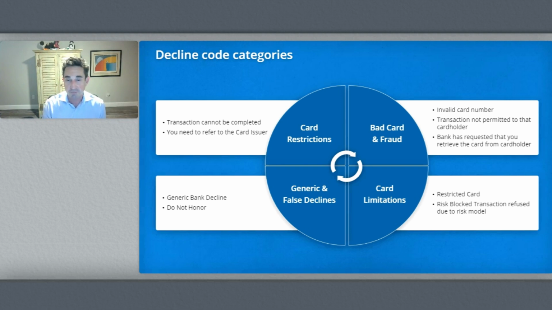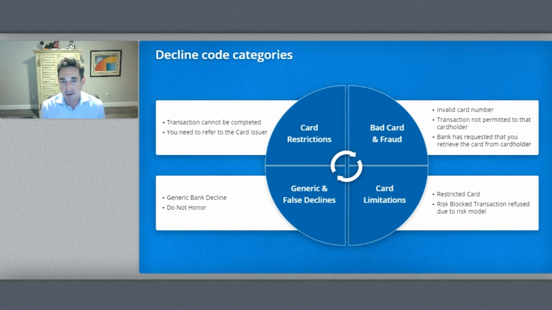The key takeaway from looking at the different types of declines, though, is, of course, there's truly bad card and fraud. Fraudulent transactions, we have no interest in trying to solve those. Bad actors on the consumer side, obviously, or a card that has been stolen, we obviously want to make sure that doesn't get into the system.